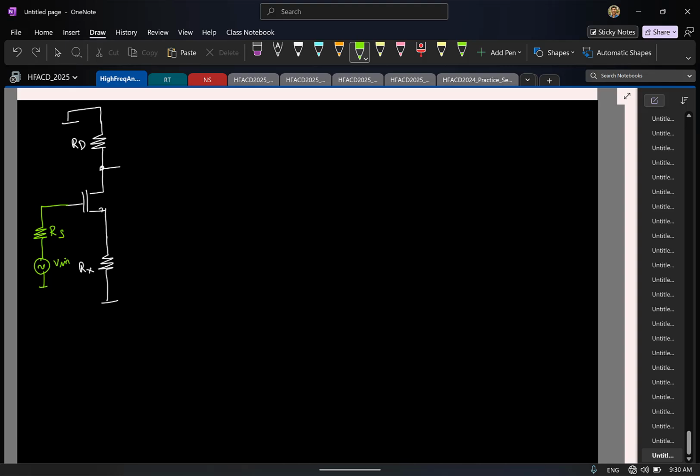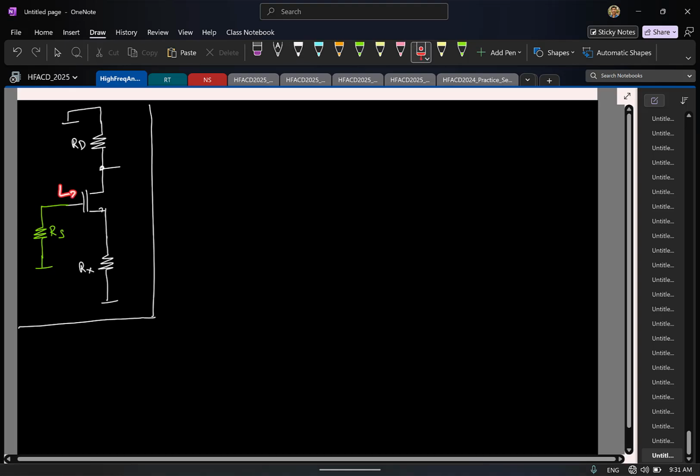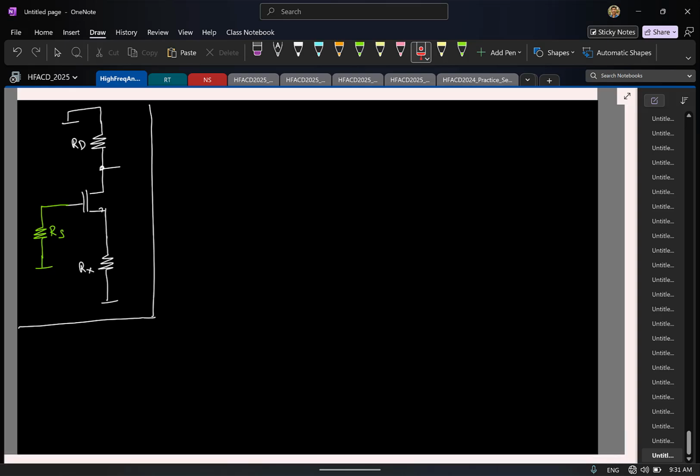So as usual, for noise calculation, input is shorted, so Vin is 0, so this node is shorted. Okay? So let's repeat the same thing. Now what is the input impedance of the network? Infinity. So do we have to compute both voltage and current? Only voltage is sufficient, right?